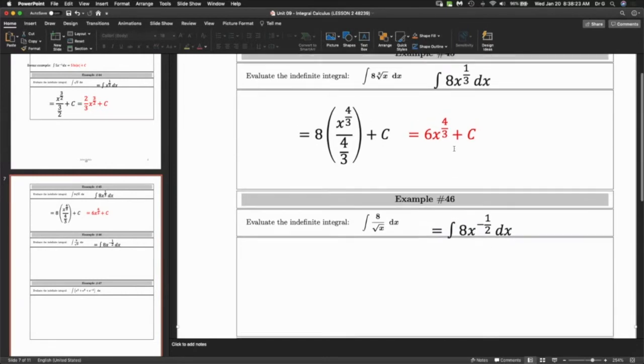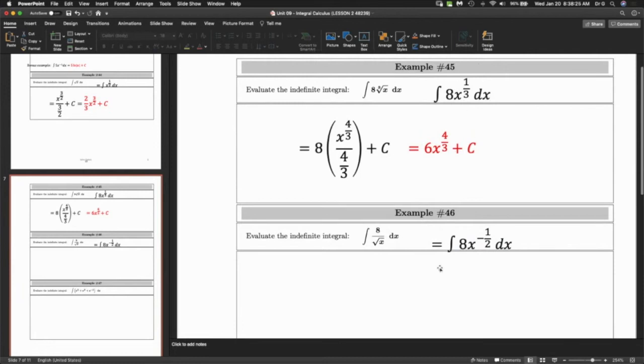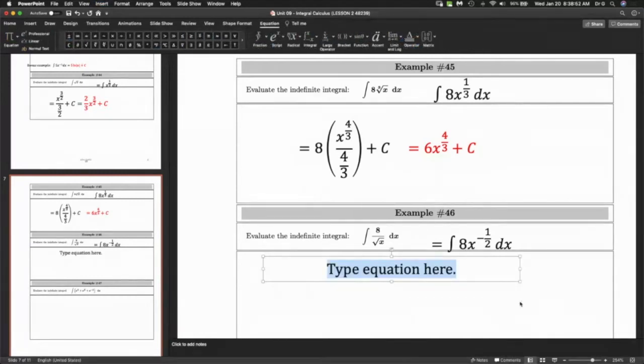Examples 45 and 46 are very, very similar questions. You have a coefficient in front, and then you have a rational exponent. I don't care if it's a positive or a negative exponent, it's a rational exponent. And you just add 1 to it, unless it's -1, when it becomes ln.